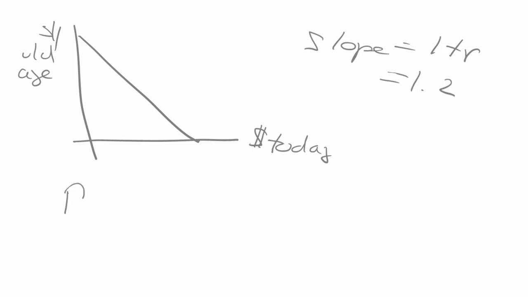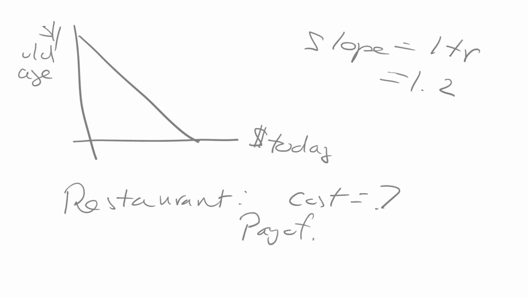So let's say she's considering opening a restaurant. The cost of the restaurant is 0.7. So if she spends 0.7 on the restaurant, she'd have 0.3 to consume now. The payoff on the restaurant is 0.8.